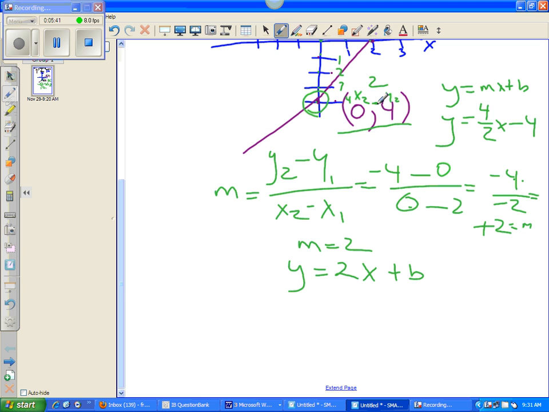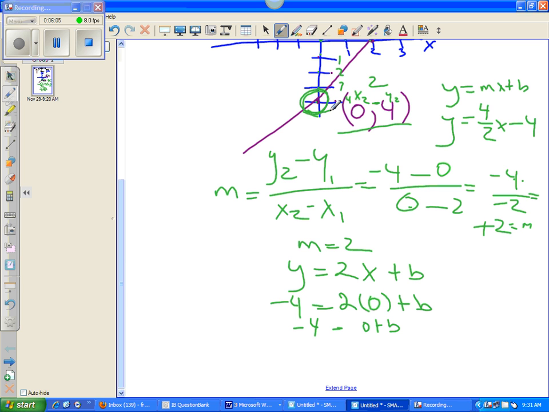So now I'm going to go negative 4 is equal to 2 times 0 plus b. And 2 times 0 is 0, plus b is equal to negative 4. And if you look on here, b, which is my y-intercept, is equal to negative 4.